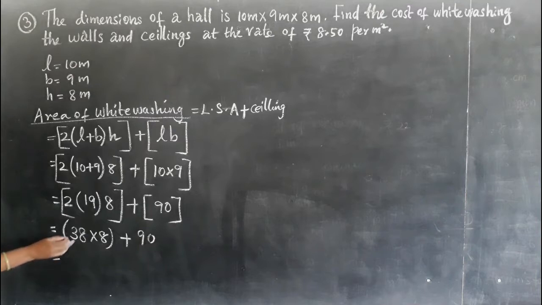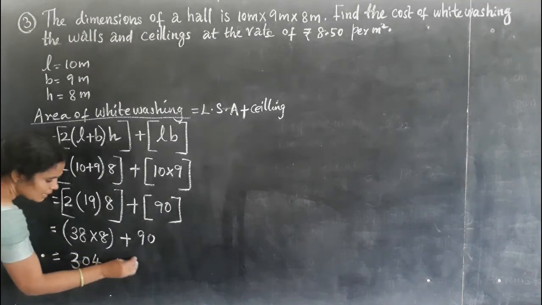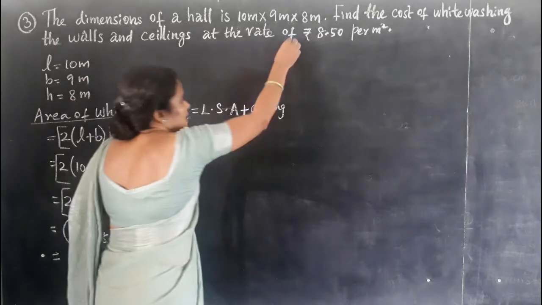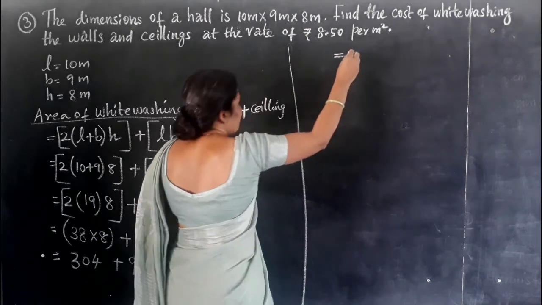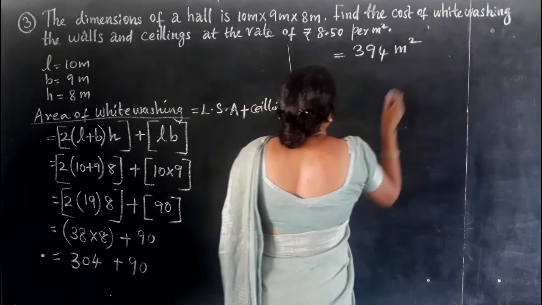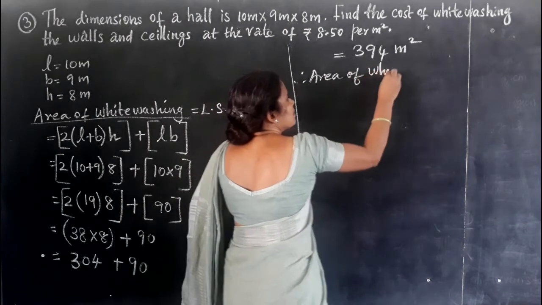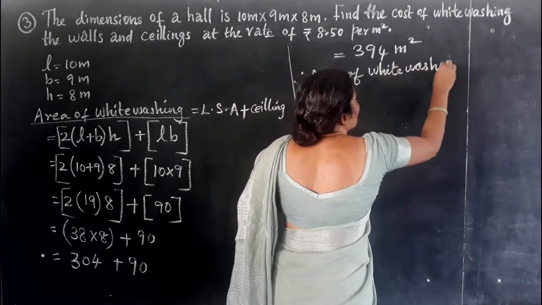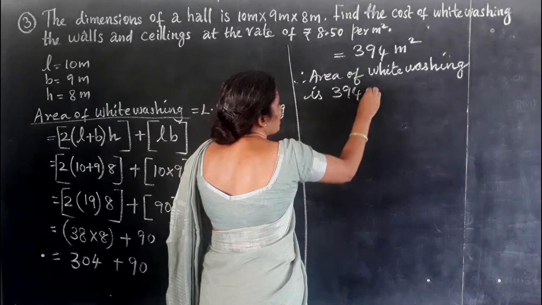Okay, now 8 8s are 64, 4 remaining 6, 8 3s are 24 plus 6, 30, 304 plus 90 is equal to 394. 394 meter square. Therefore, area of whitewashing is 394 meter square. Okay.